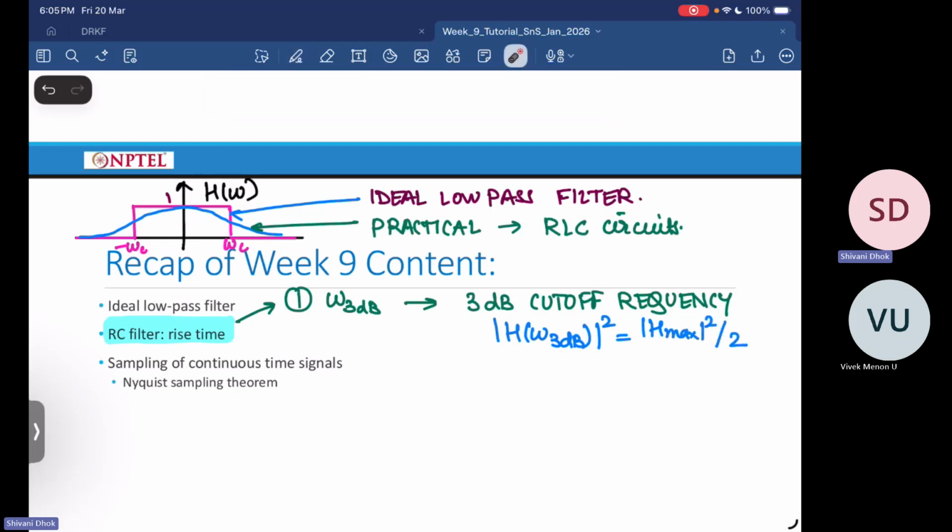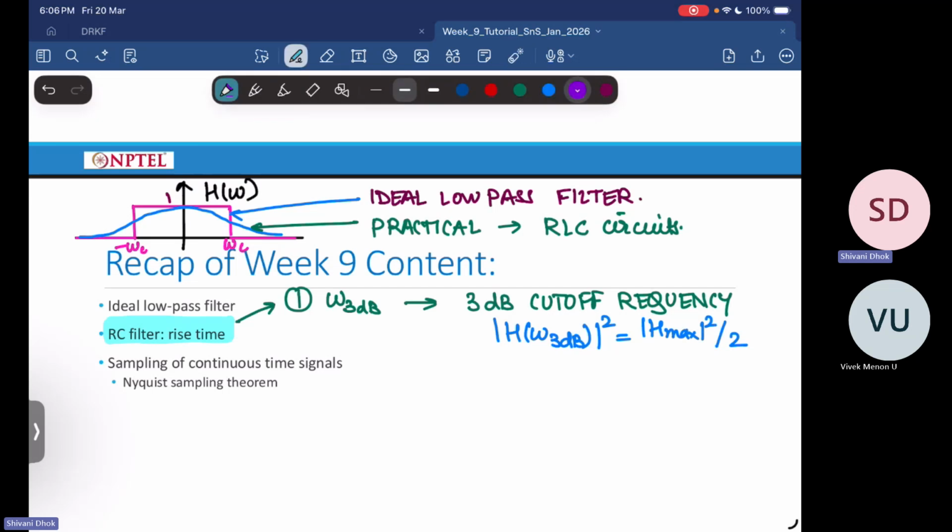This is the particular value of frequency at which you see a 3 dB degradation in the magnitude of the transfer function of your filter. That's why we name it the 3 dB frequency. We saw a few examples in the last class, and I don't want to repeat those things.